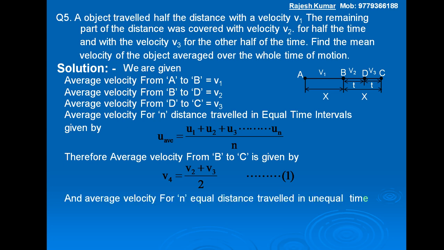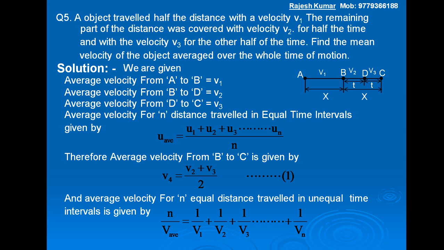And the average velocity for n equal distances traveled in unequal time intervals is given by n upon v average is equal to 1 upon v1 plus 1 upon v2 plus 1 upon v3 and so on plus 1 upon vn.